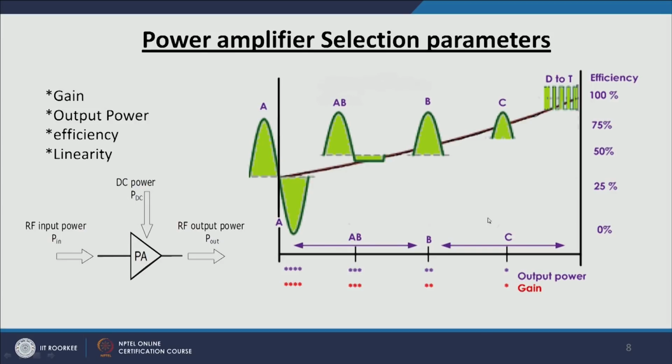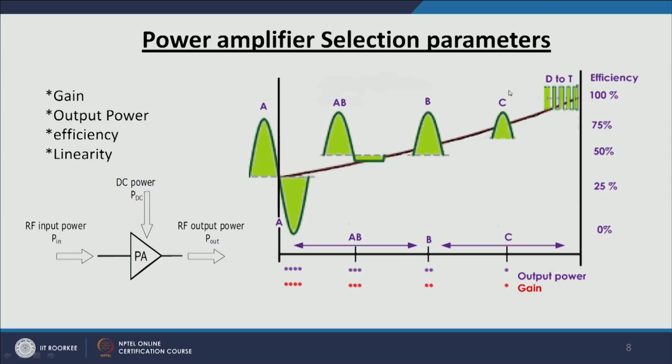Now, this kind of amplifiers are called continuous mode amplifiers, because you are seeing that they have some conduction angle and they send the original signal into some form or other. Apart from these continuous mode power amplifiers, there are some other amplifiers which we call switch mode amplifiers. So they send the data in the form of switching operation.